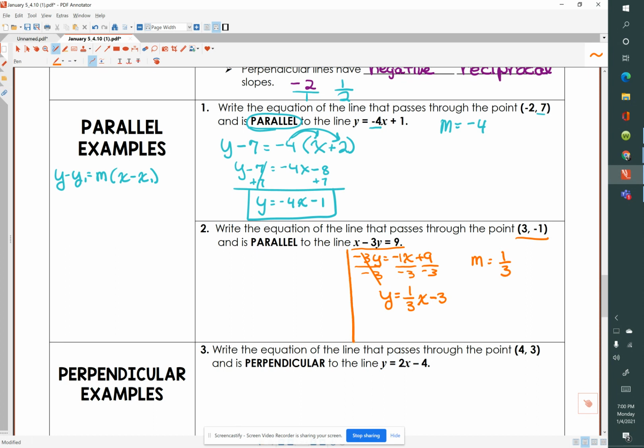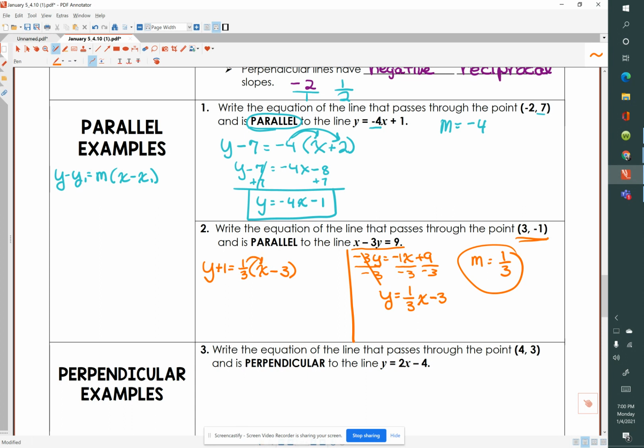Now we're going to write the point-slope form of the equation, substituting m equals 1/3 for slope and using the point (3, -1). So first we'll have y minus y1. So y minus -1 is y plus 1 equals our slope, 1/3, times the quantity of x minus x1, which is our 3.